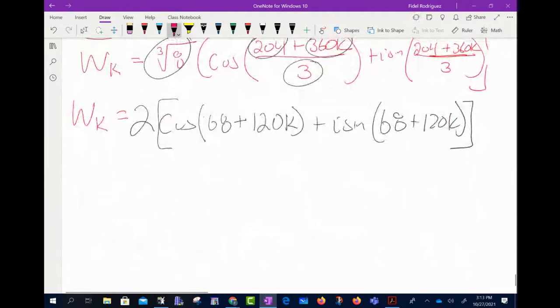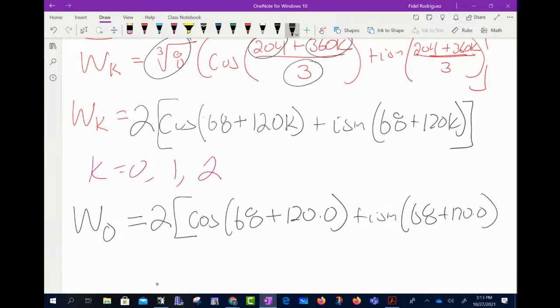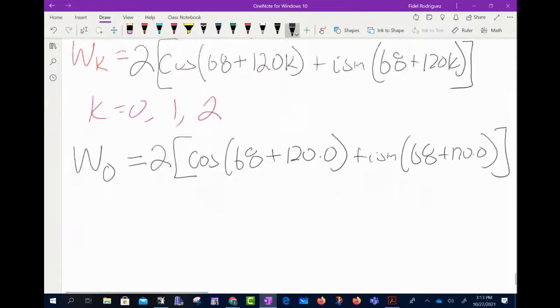All we're going to do now is this 3 times: once when k equals 0, once when k equals 1, and once when k equals 2. First, k is equal to 0. 2 cosine of 68 plus 120 times 0, plus i sine 68 plus 120 times 0 again.